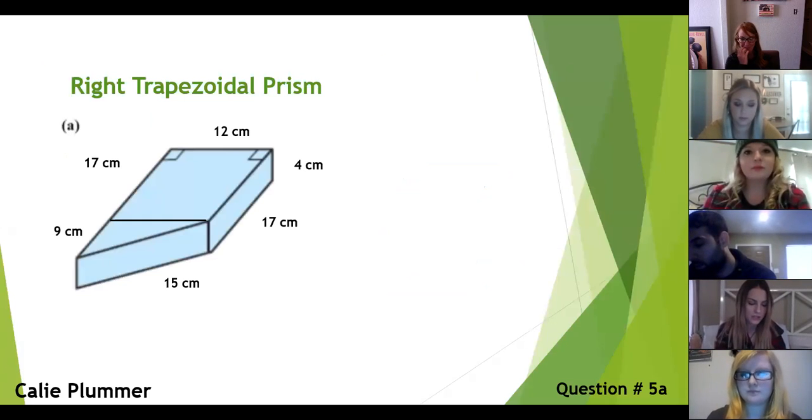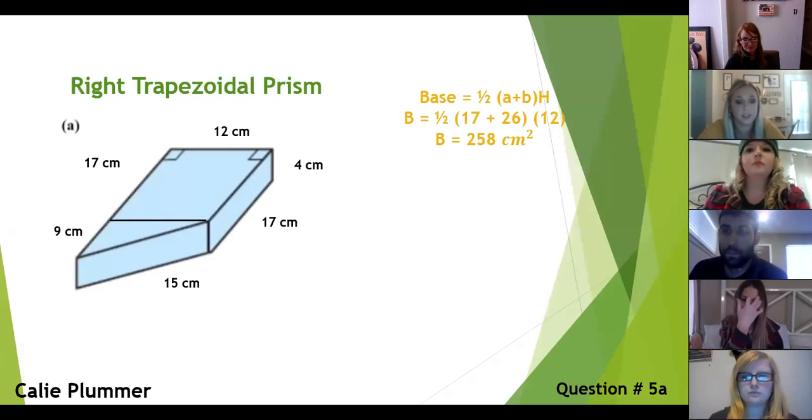Callie, question number 5, part A. When using the formula SA equals 2B plus PH to find the surface area of a right trapezoidal prism, how do we find the inputs for B and H? Well, B stands for base. And so to find base, you use the formula 1/2 times A plus B times height.